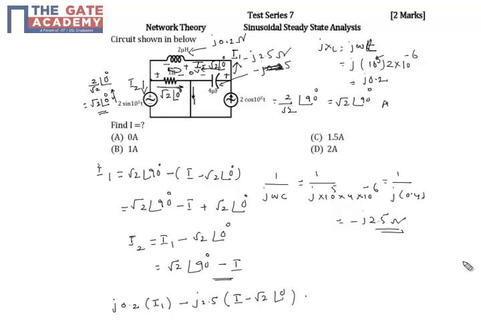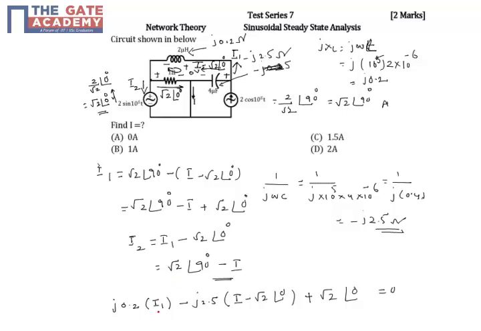Next, the voltage across the resistor is positive, because I am moving in this direction: this is positive, this is negative, and this is positive. So this is plus the voltage here, root 2 at an angle of 0 degrees. This is equal to 0.